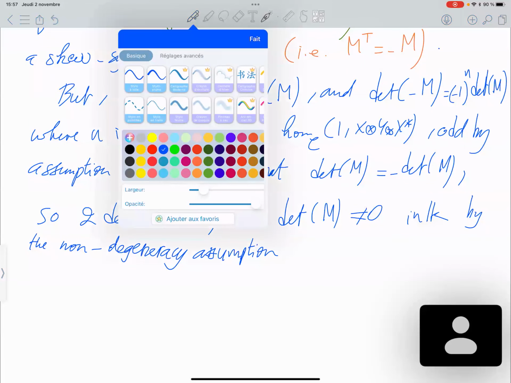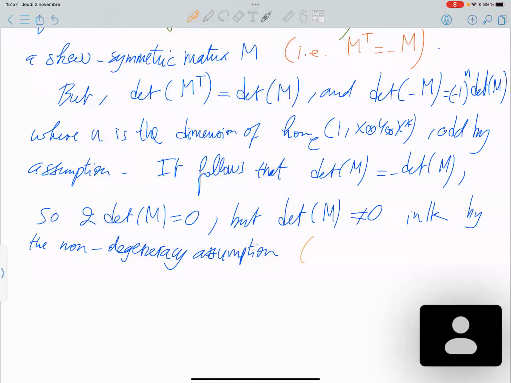And in fact, let me write it here. In the paper, I also wrote that you also need the Hom space between 1 and 1 to be one-dimensional.